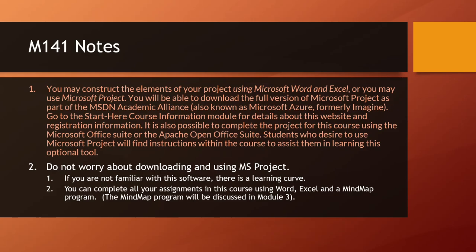Now, if you are not familiar using Microsoft Project, it does have a learning curve, and it does take a lot of time to learn it. For most of the assignments in here, you're just going to be using a Microsoft Word document as well. So you really don't need to download Microsoft Project, so please do not worry about that, and just use your Word or Excel.